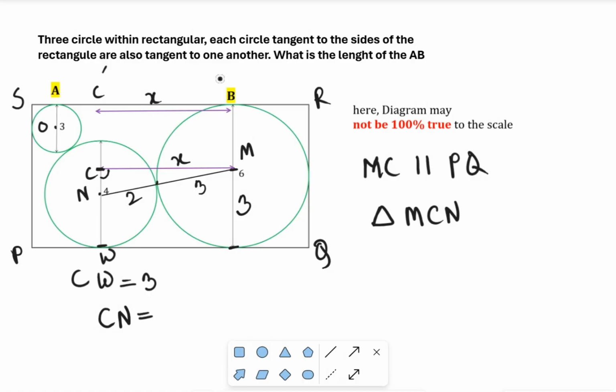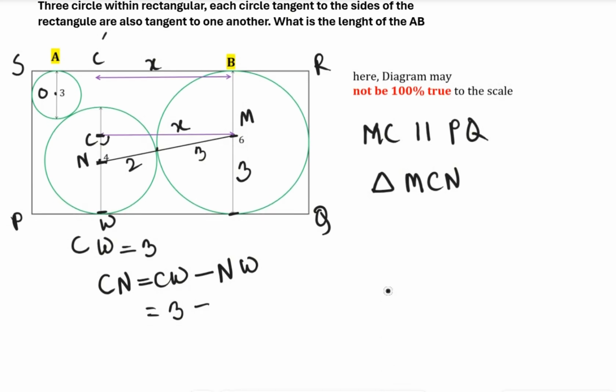So CN is equal to CW minus NW. CW is 3 and NW is the radius of this circle, which is 2. So CN is equal to 1 unit, up to this length.